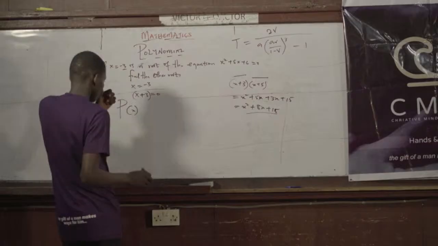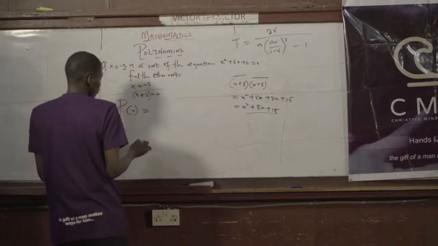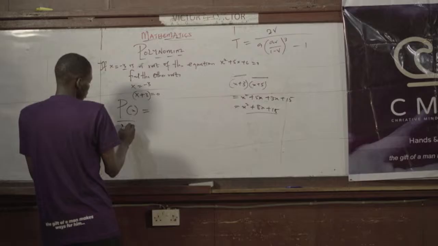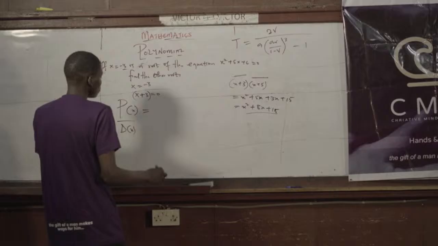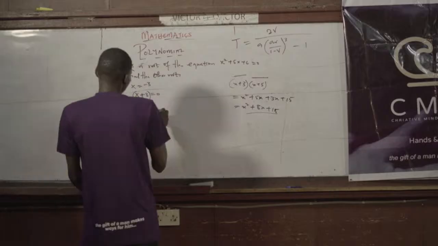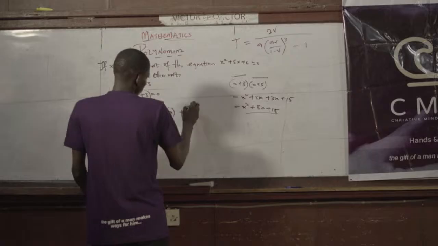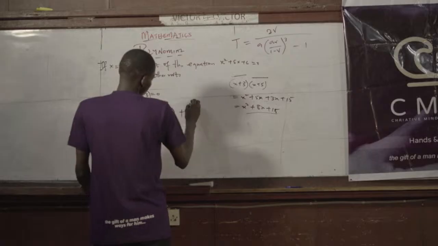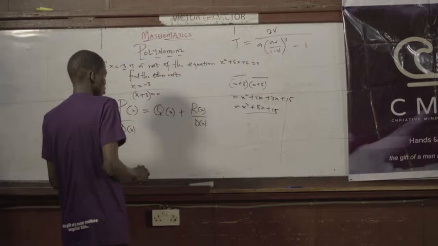Let me give us one simple tip that can help us. If we divide polynomial p of x by divisor d of x, this will give us what we call q of x, then plus the remainder divided by the divisor d of x.